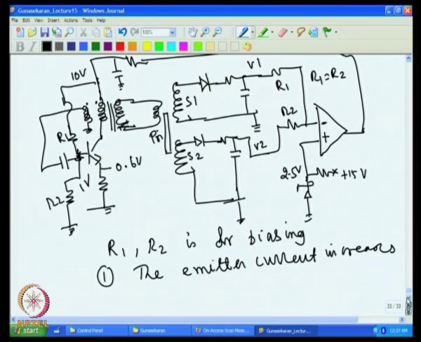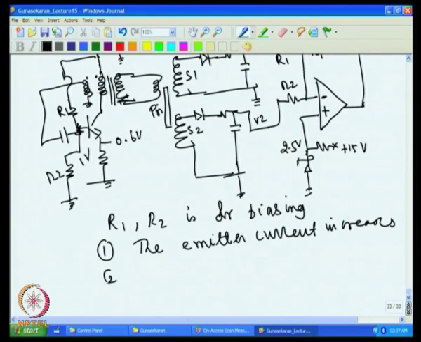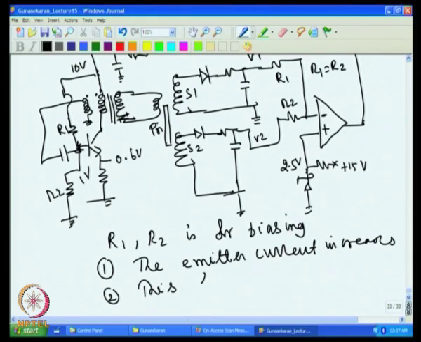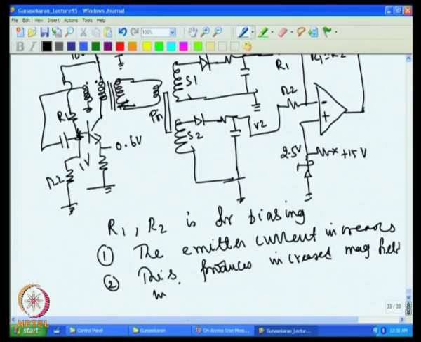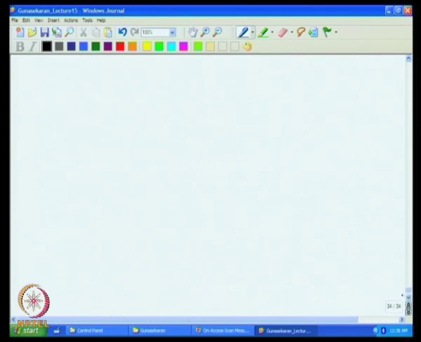Because of that increase in current, this produces an increasing magnetic field in this coil. So, this induces an increase in the base voltage of the transistor.